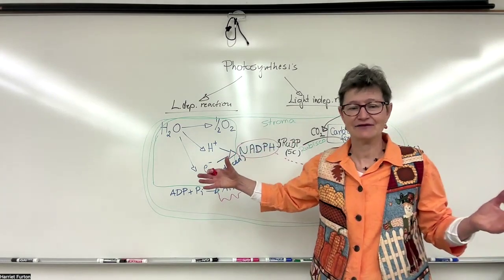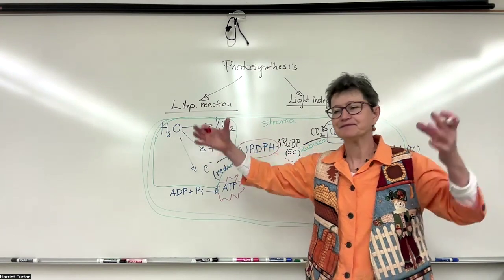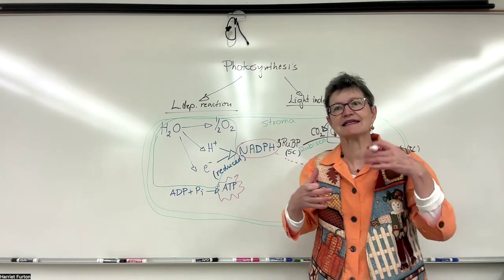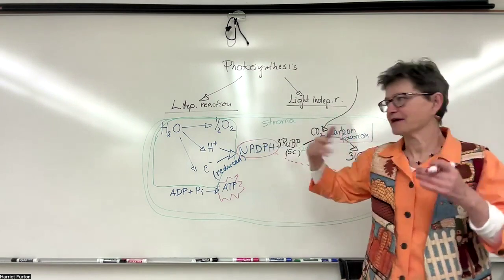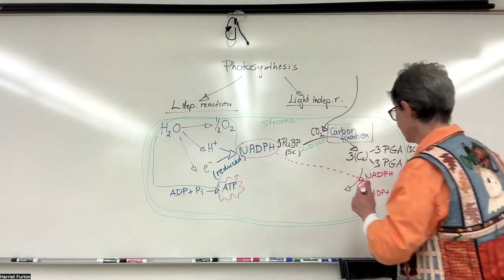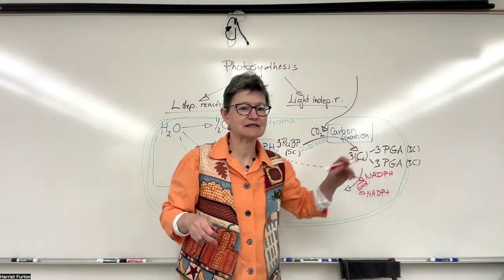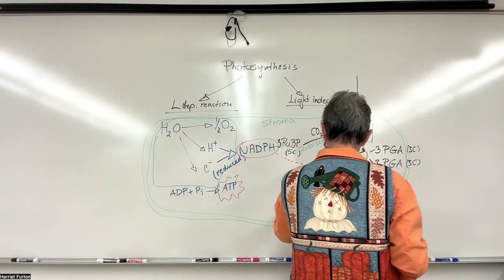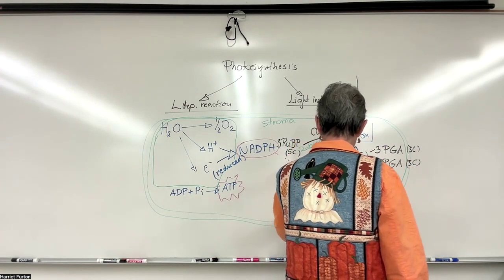High energy electrons, these are really the important ones. What made the high energy electrons? Well, the energy from the light got transferred, and the chlorophyll's electrons got excited, high energy, think back, light-dependent reaction, and it's going to get the 3-phosphoglyceric acid reduced to glyceraldehyde 3-phosphate.